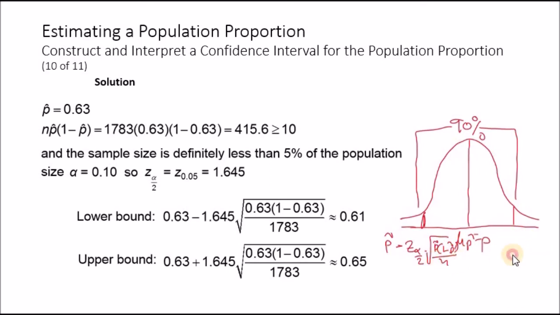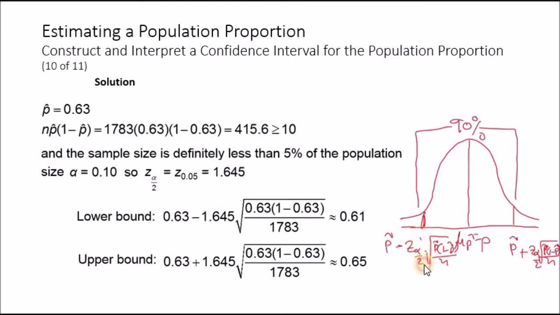Similarly, the upper bound is p hat plus z sub alpha divided by 2 times the square root of p hat times 1 minus p hat divided by n. If I find the lower bound and the upper bound, then that is going to be my interval.